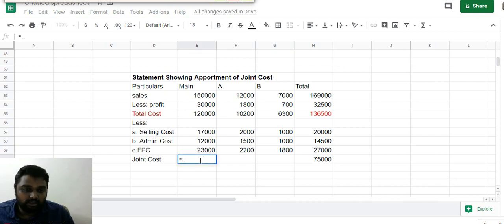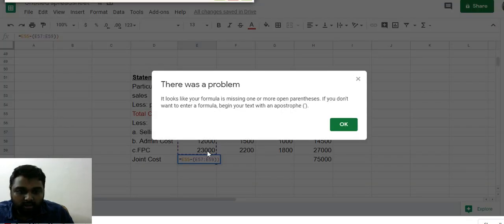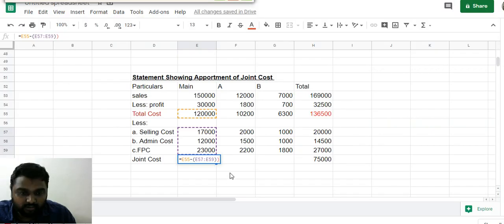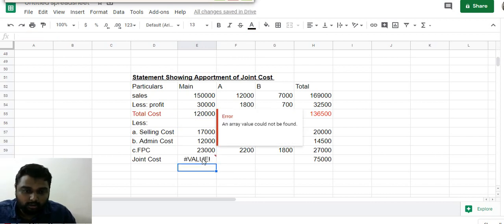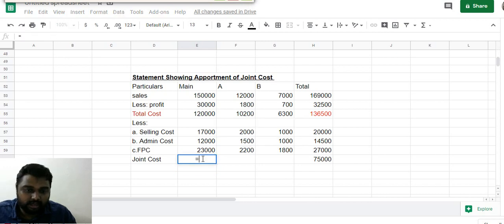What will be the joint cost? From the total cost we have to reduce all other separable cost. From the joint cost, we want to reduce all other separable cost, and we will get the answer.